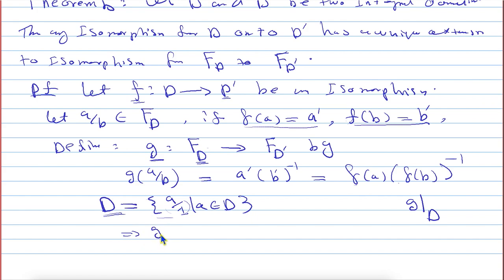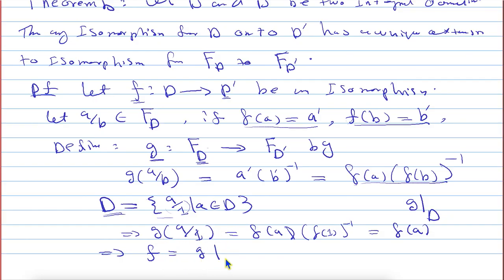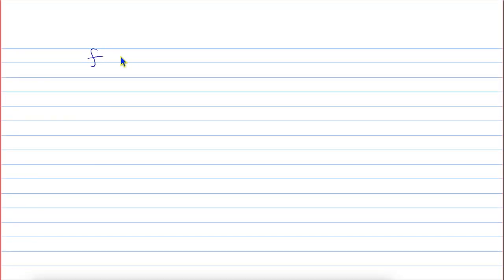So we obtain G of A over 1, which equals F of A into F of 1 inverse, and this equals F of A. This is for every A, and therefore F itself is a restriction of G to the integral domain D. In other words, G is an extension of F.